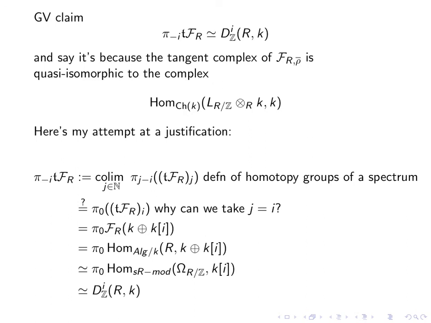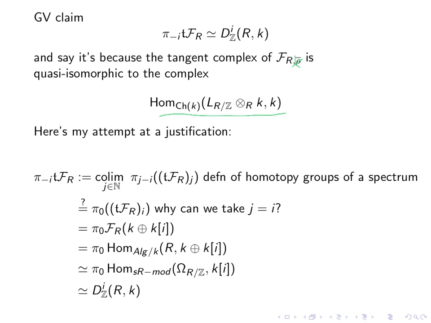So Galatius and Venkatesh claim that the homotopy groups of this tangent spectrum of F_R are isomorphic to the André-Quillen cohomology. And they say it's because the tangent complex of F_R is quasi-isomorphic to this particular complex, mentioned a few slides ago.